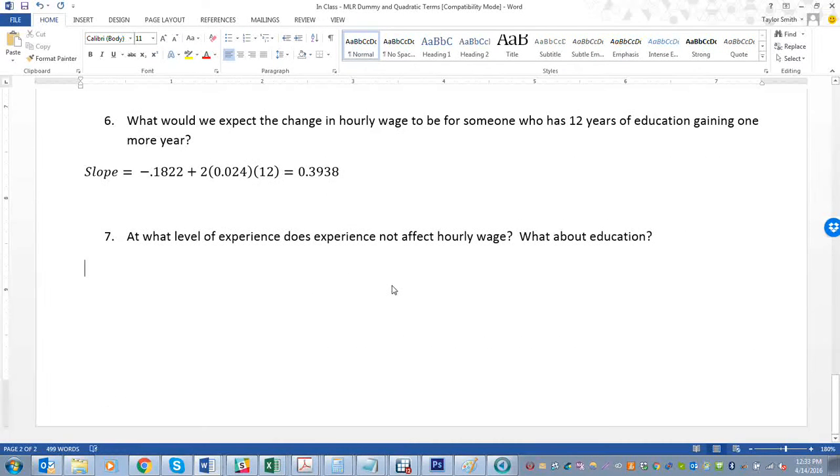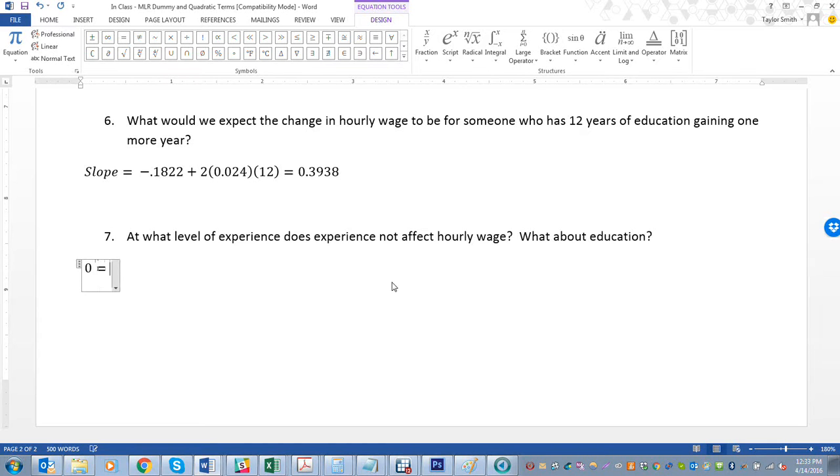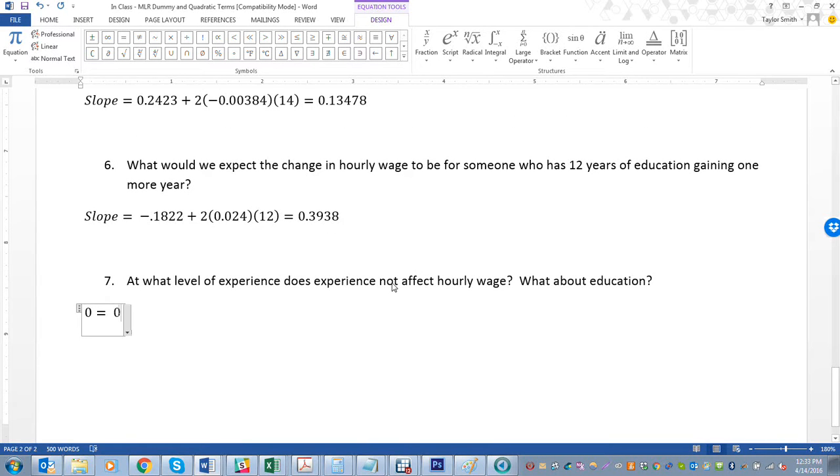So we're going to say slope is equal to 0. So 0, let's do this in an equation. 0 is going to be equal to 0.2423 plus 2 times negative 0.00384 times, in this case, our level of experience.